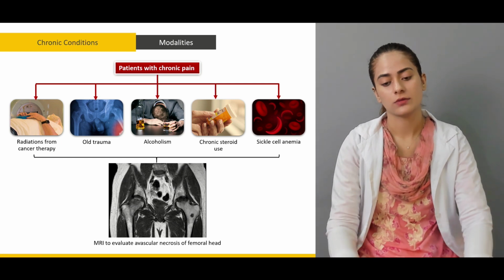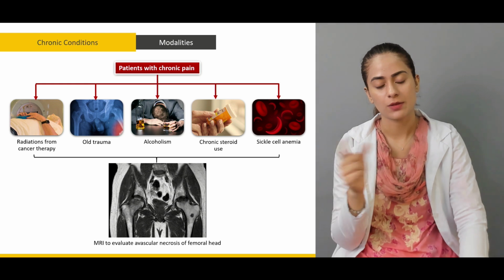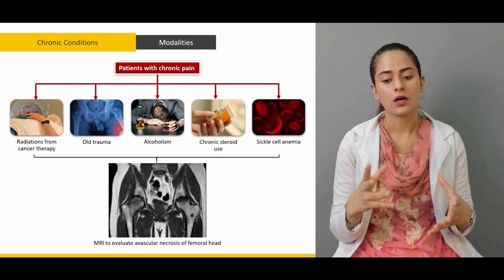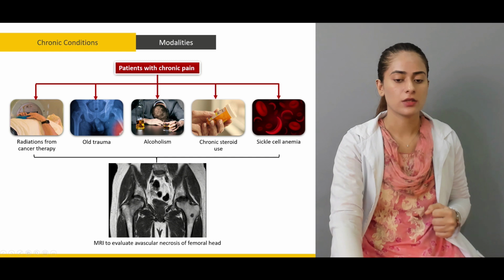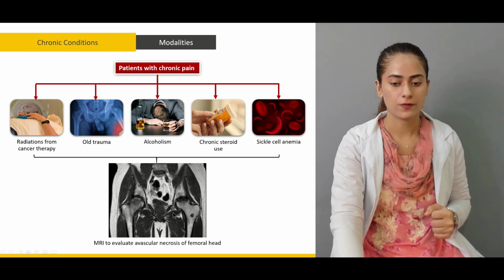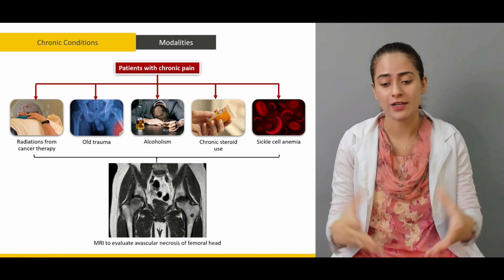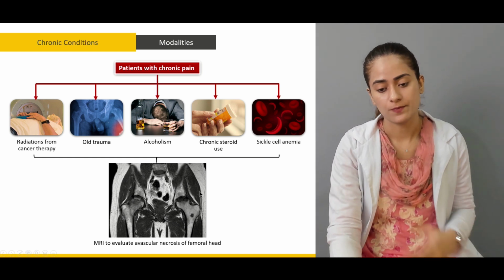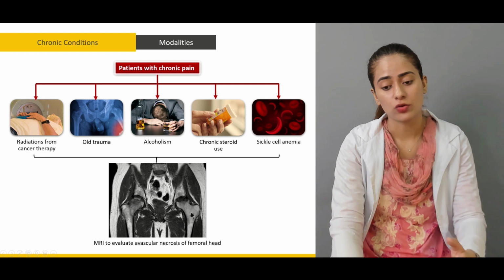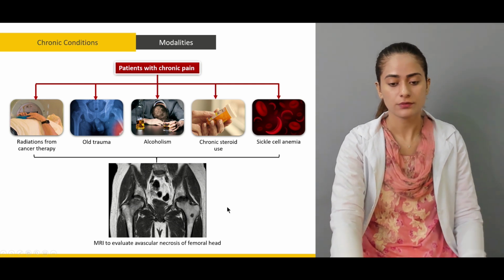Their impaired RBCs are impairing the blood supply to these areas of the bone, and that is why the process of dying has started happening on both femoral heads and here as well.